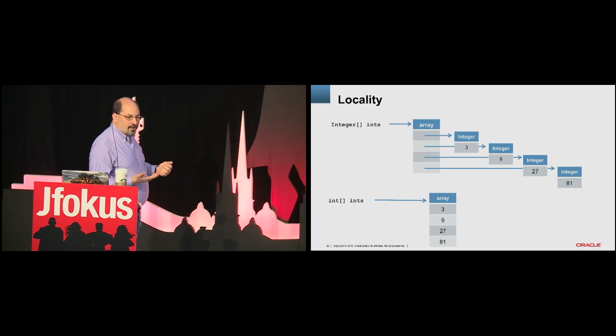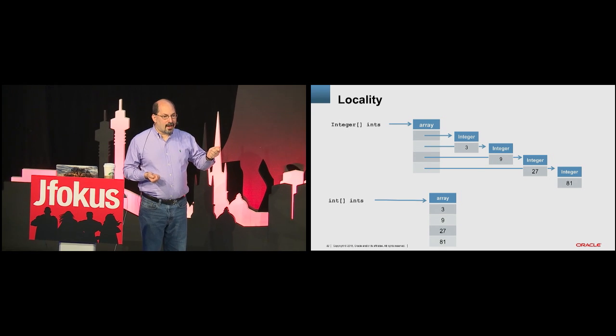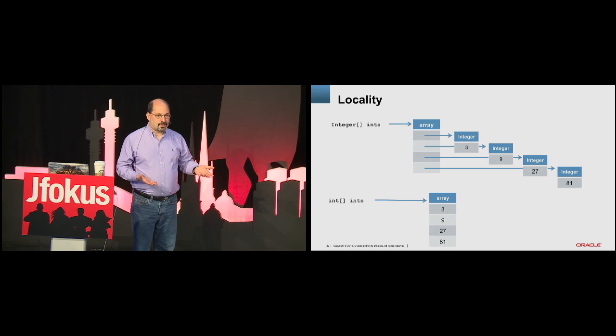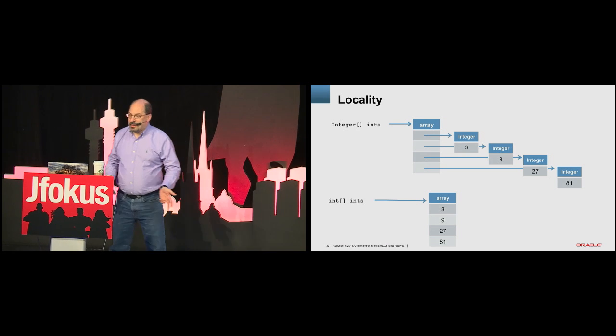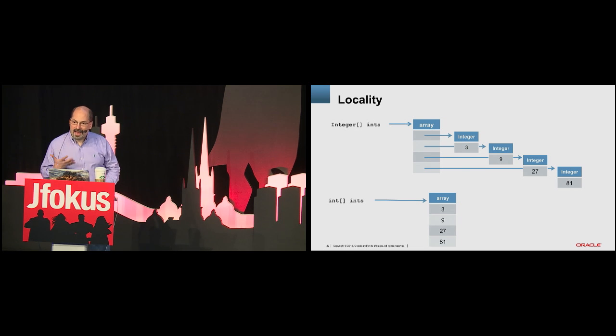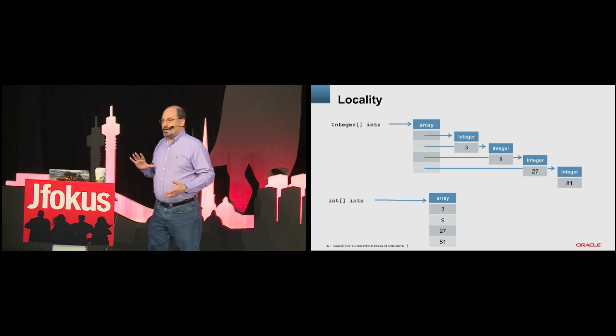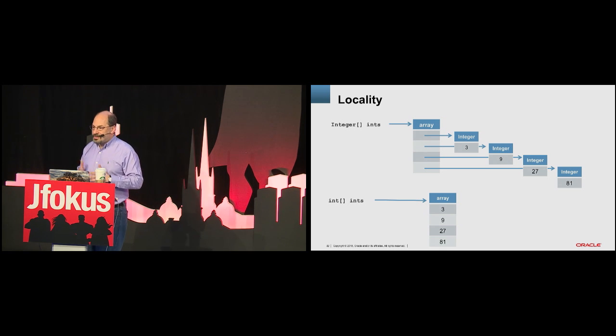On the other hand, if I have an array of boxed integers, every time you go to get the next one, you're going to take a cache miss, and you're going to wait. That's why we didn't get a decent speedup out of the boxed integers. So locality is the elephant in the room, and it's something you have to train your eyes to look for. It's not as obvious as the source splitting one.